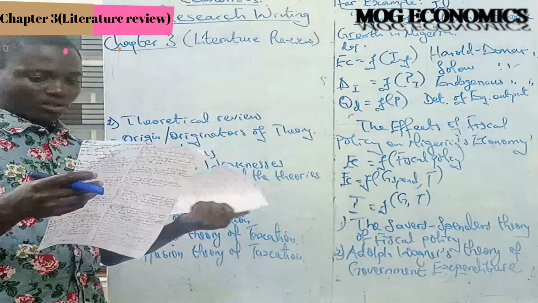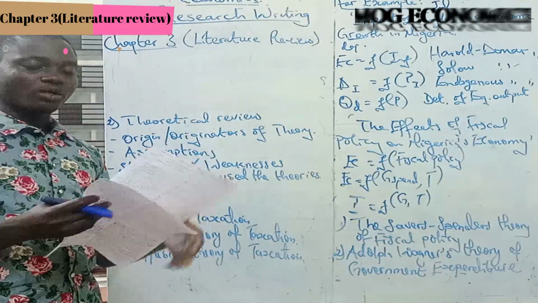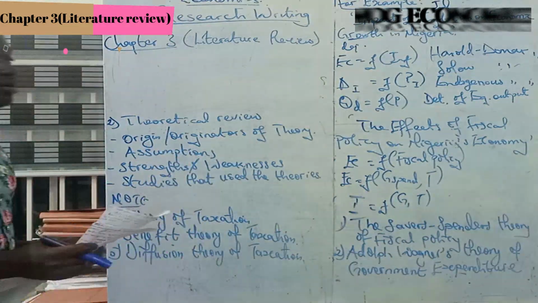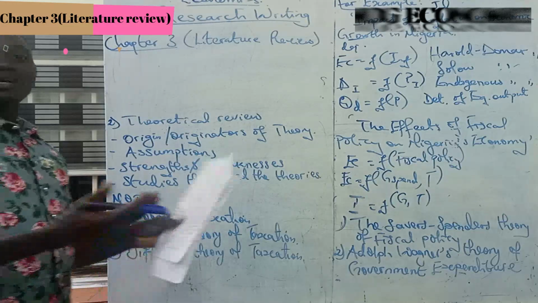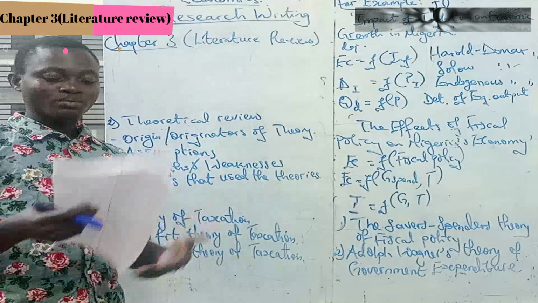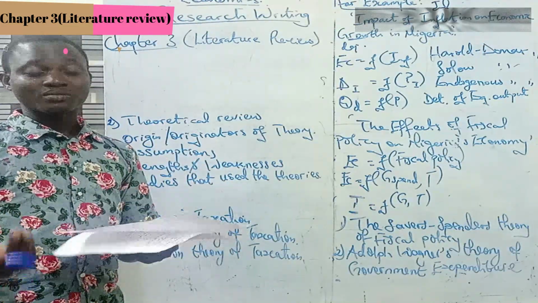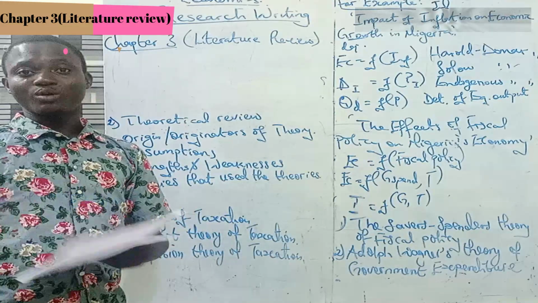There's a place I wrote that. Okay, don't include theories like monetary theory of inflation. That's talking about how inflation is being determined. But here, we are looking at how economic growth is being determined. So don't use that. Also, don't talk about market power theory of inflation. You're still looking at determinants of inflation. So market power theory of inflation, no, that's not what you need.